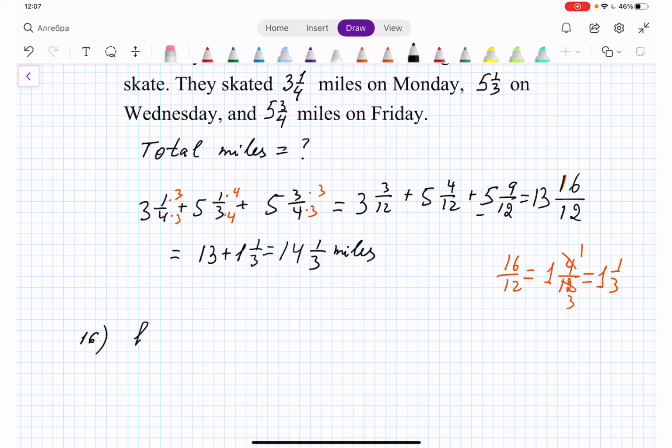Okay, the grass on the fairway is maintained at 2 1/4 inches.